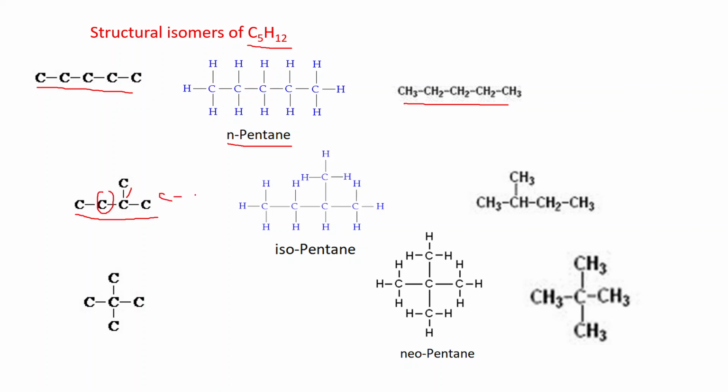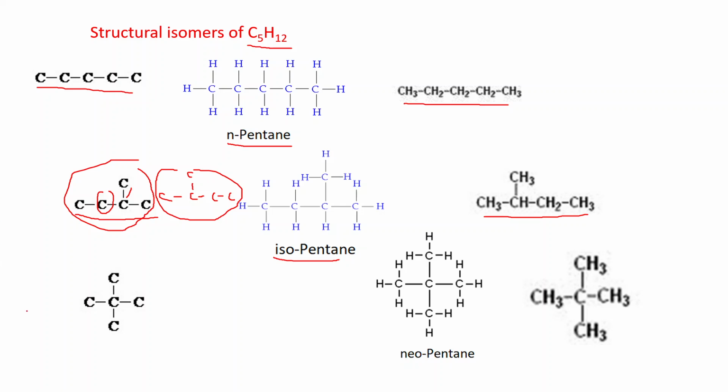You can also see this is the branching. This one and this one are both the same compound. The remaining valency should be satisfied by hydrogen, and then we will get isopentane. So this is its condensed formula, CH3 CH CH3 CH2 CH3.